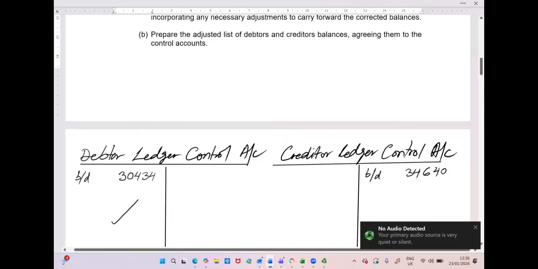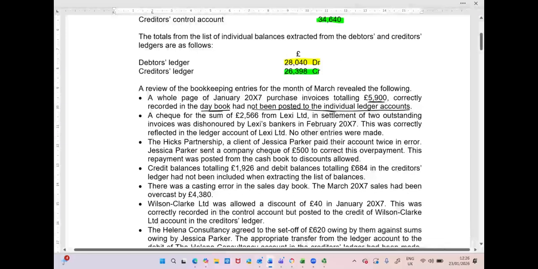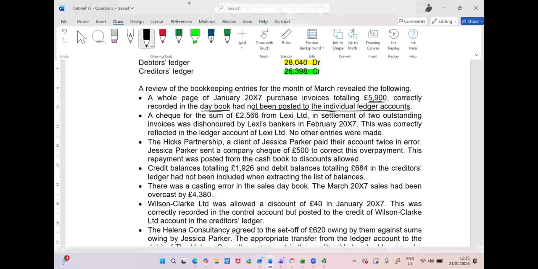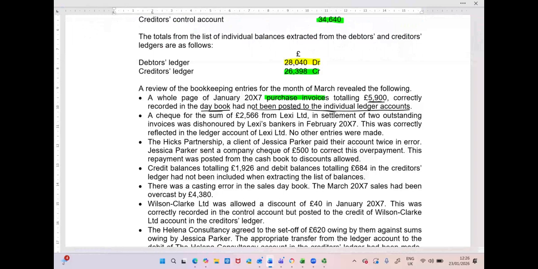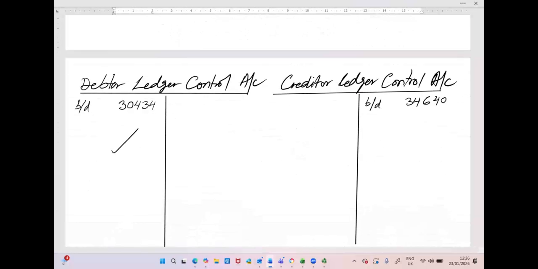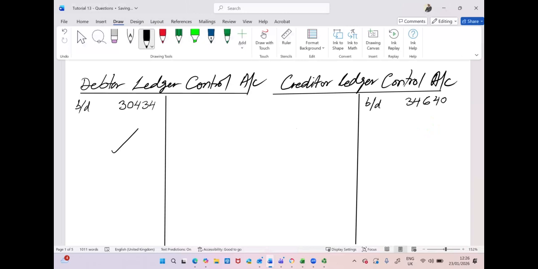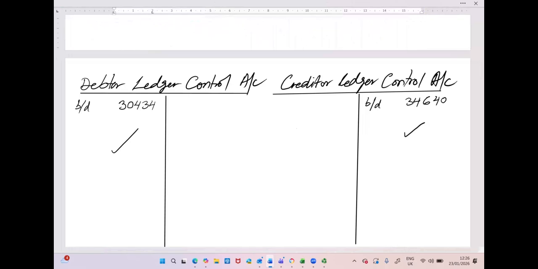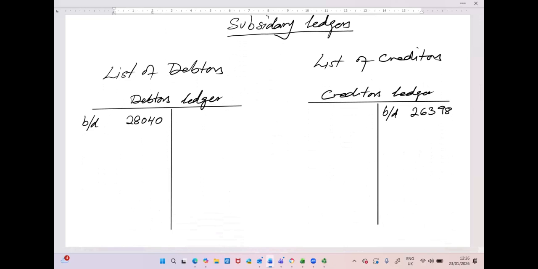Now, let's read that transaction again. It says the whole page of January purchase invoices. That's the most important part: purchase invoices. That means I am not looking at the sales day book, I'm looking at the purchase day book. So rather than looking at the debtors control account, I should be looking at the creditor ledger control account. So the question is telling me that the creditor ledger control account is okay, but this is not okay.